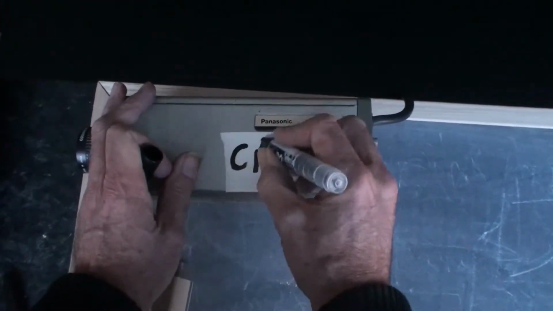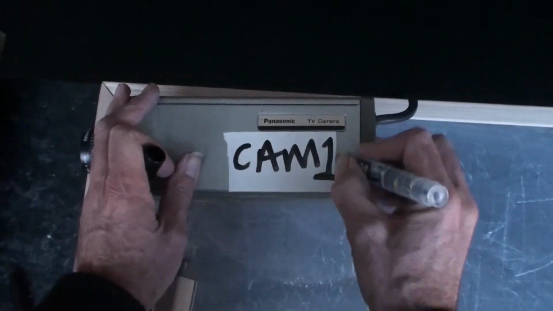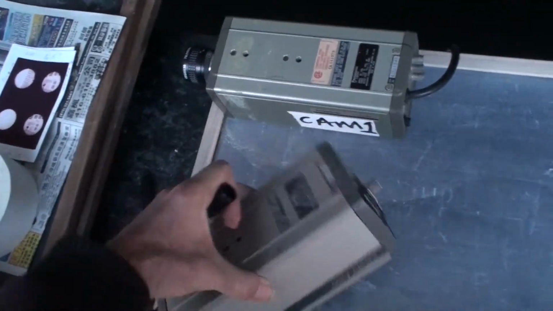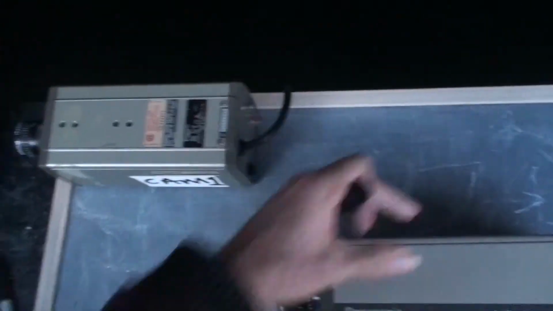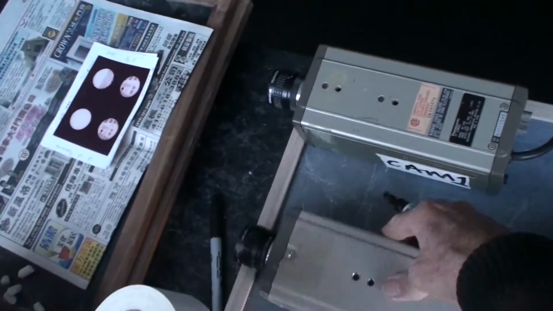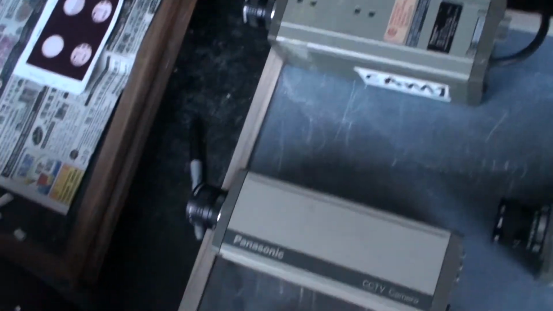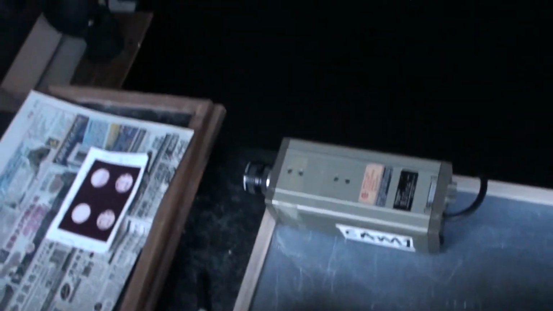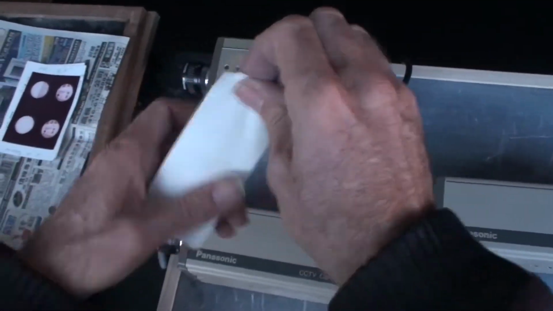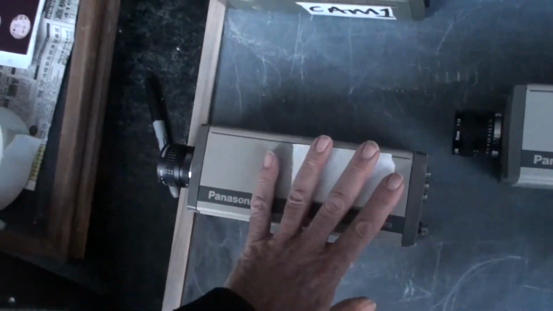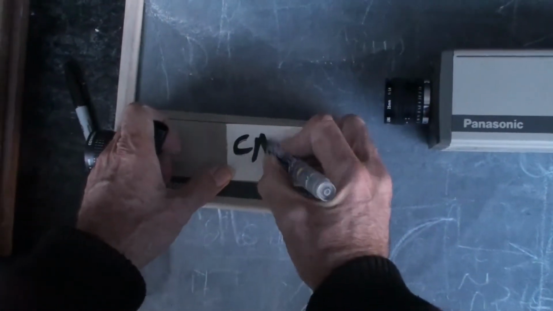For the purpose of the diagram, I'll consider the same camera at three different points in time. I'm going to call this one Cam 1. That's the camera at a first point in time. Then I'm going to take a second camera and call this Cam 2. This is the same camera at a later point in time.